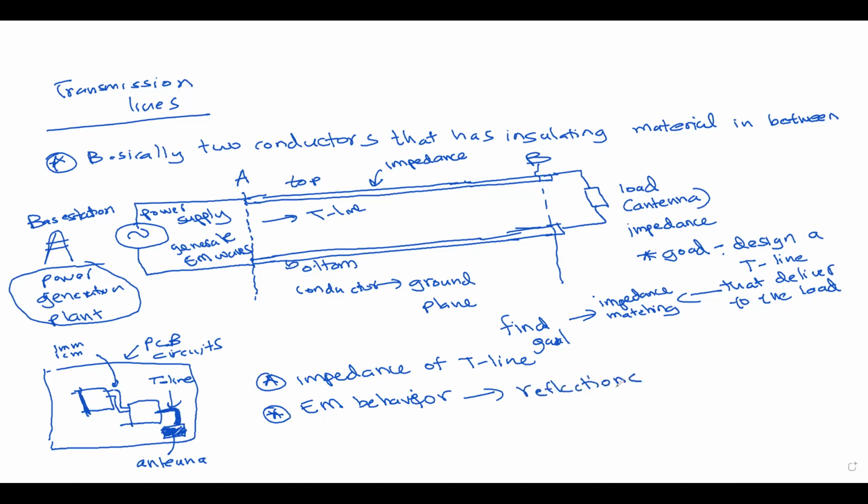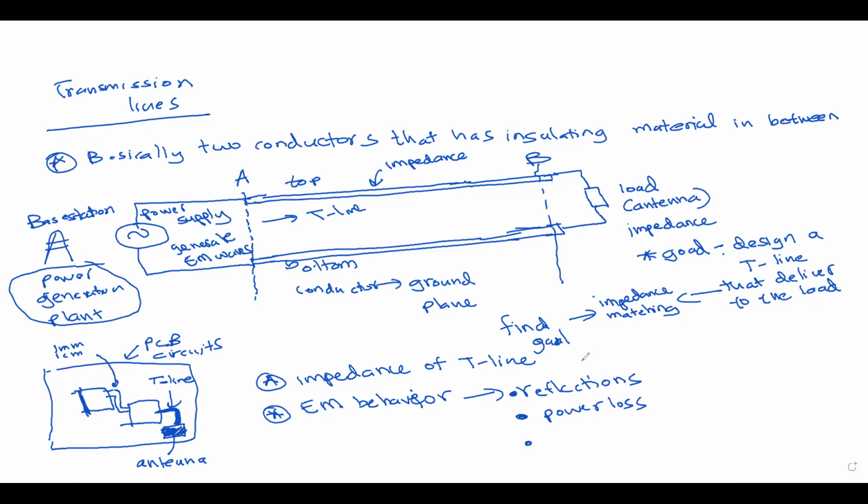So based on the reflections, some part of the wave is getting reflected and there's some power loss, and we can define the power loss. By defining the power loss, we can determine whether the transmission line is good or not.